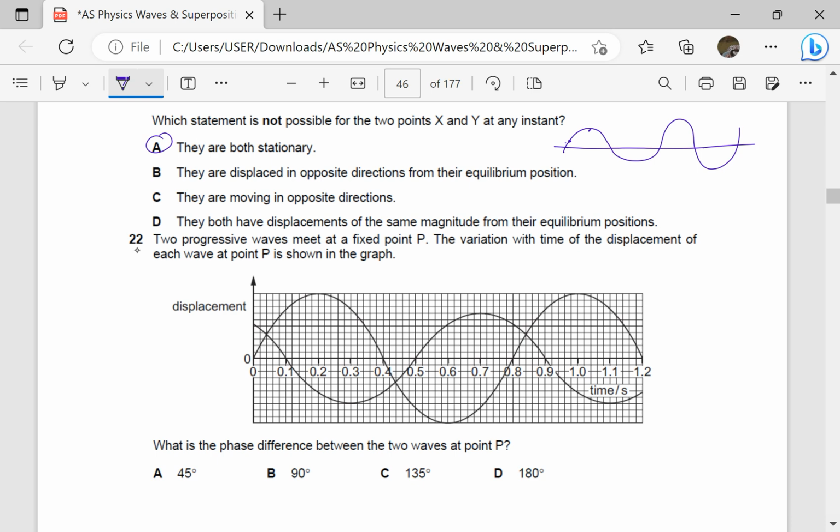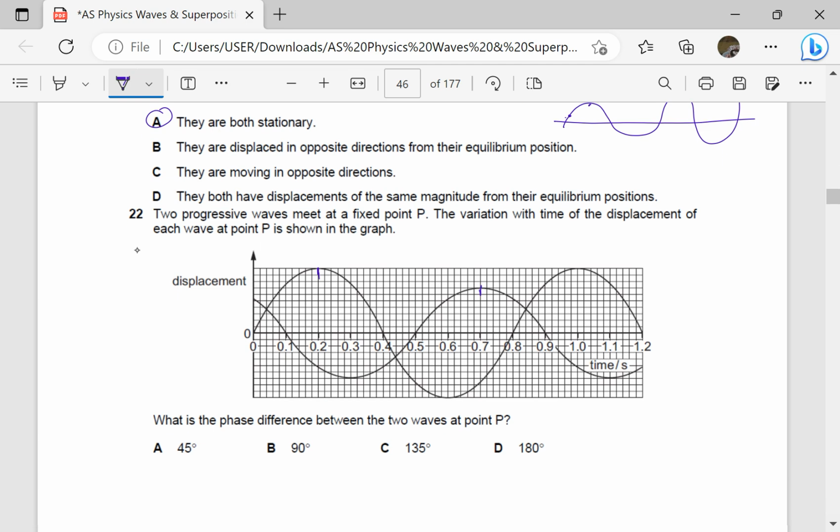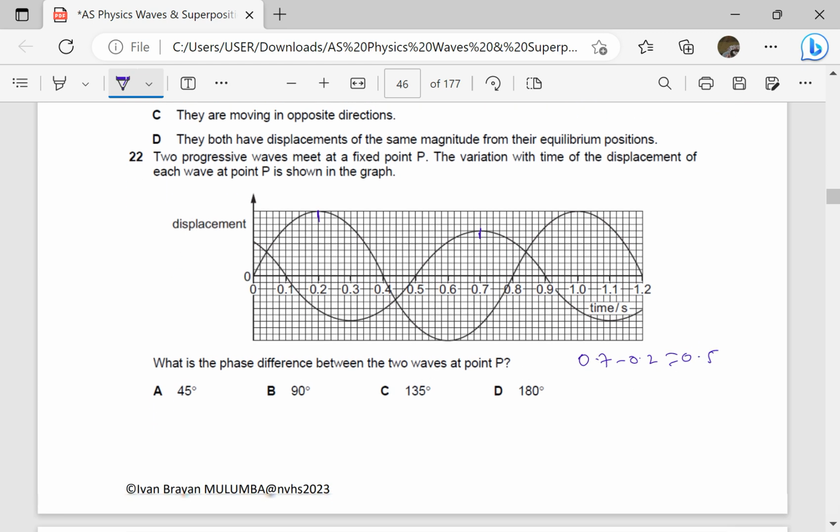For this wave here, if I take this part here, its corresponding part is going to be this one here, approximately. So the time out of step is going to be 0.7 minus 0.2, which is equal to 0.5. That is approximately the time out of step. So phase difference is going to be 360 times the time out of step, 0.5, divided by the period.